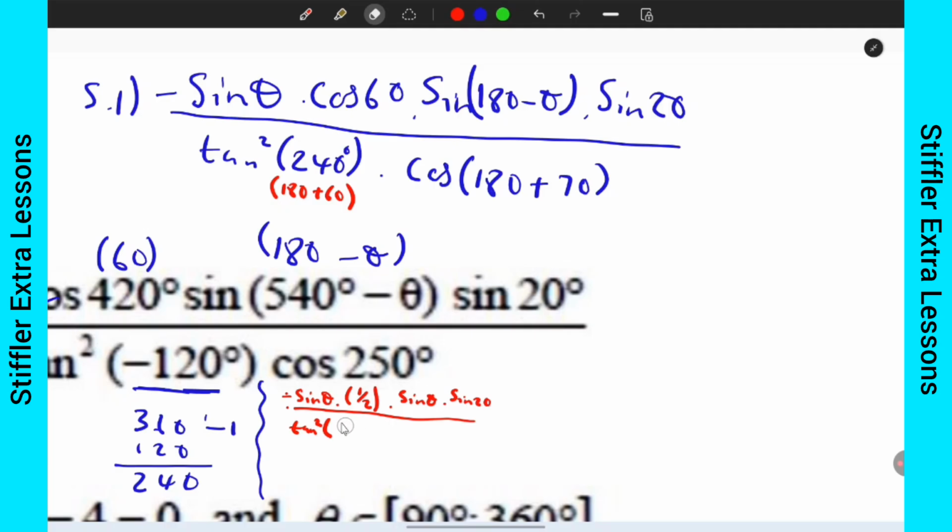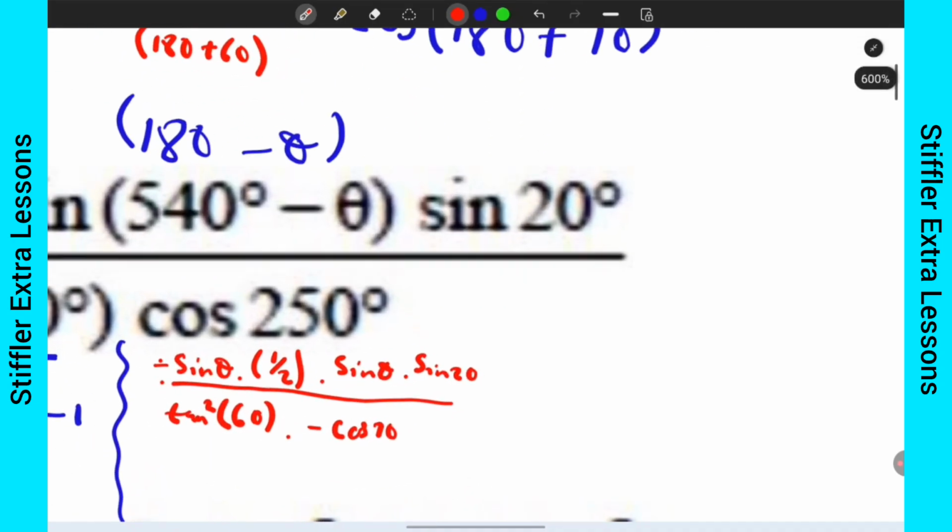So let's just reduce the waste of time. Let's just place it as tan squared of 60. And here we're having cos 180 plus 70. It's in the third quadrant where cos is negative, so this will be negative cos of 70. Now we can simplify that further.